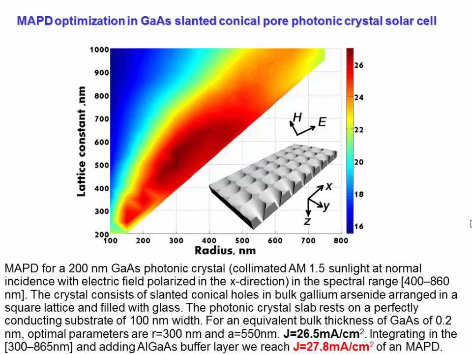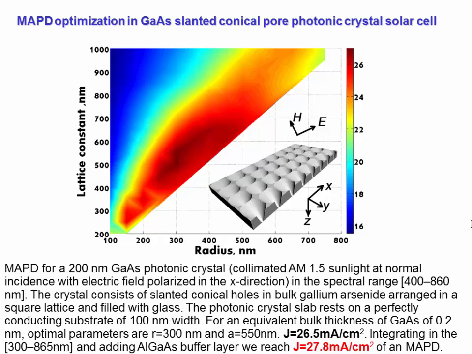So next part of my talk, this is MEPD dependence, basically the same structure, but in this case, this is gallium arsenide. The major difference here is that it's just a 200 nanometers gallium arsenide photonic crystal compared to 1 micron previous thickness. And here you see the result of optimization. Again, this structure rests on a silver substrate.